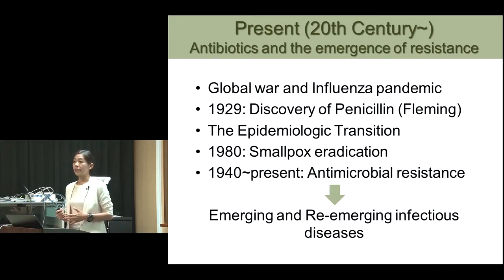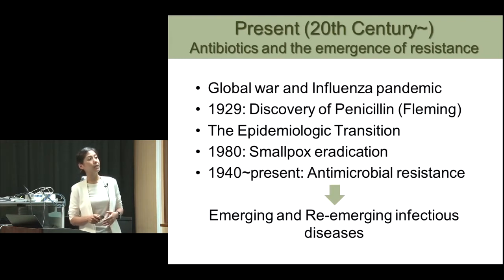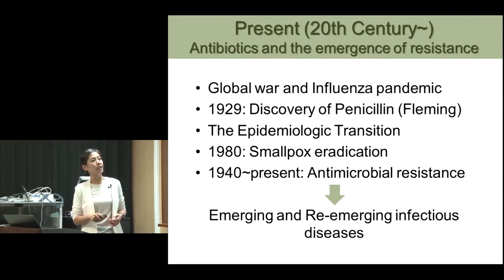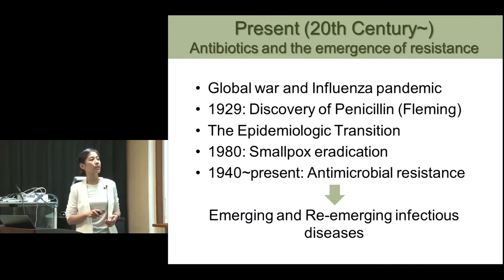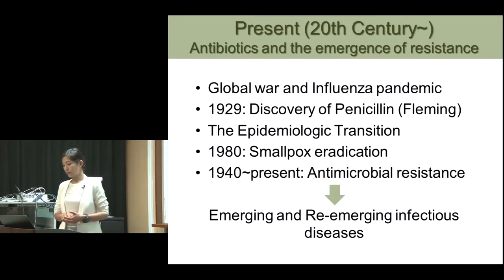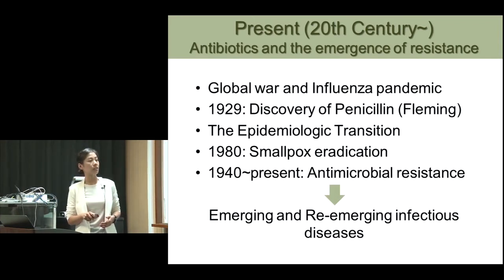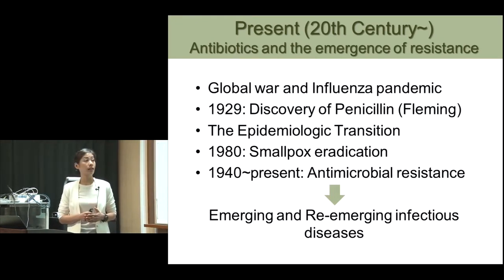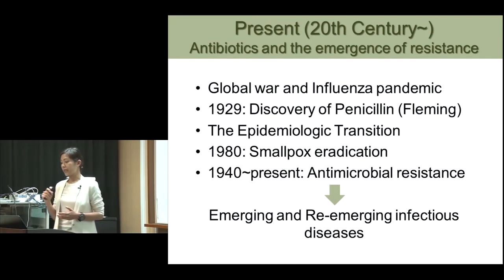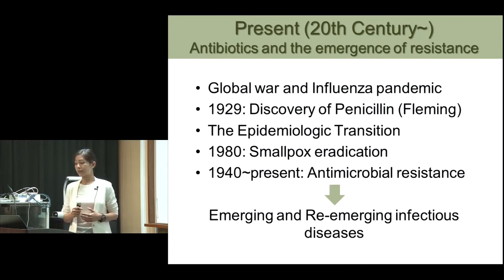The world wars and the influenza pandemic, discovery of penicillin by Fleming, the health transition or the epidemiological transition, also smallpox eradication, and simultaneously, since the discovery of penicillin, the emergence of antibiotic resistance has been of global concern, and of course the newly emerging and re-emerging infectious diseases.